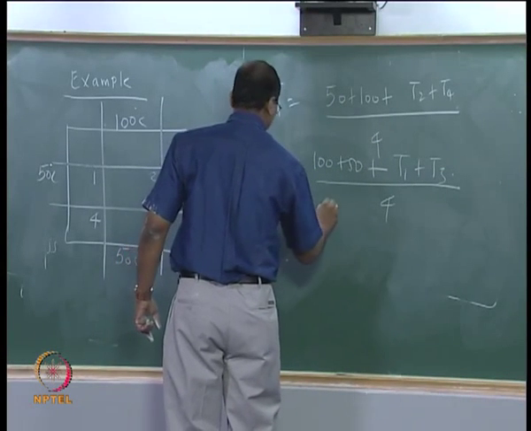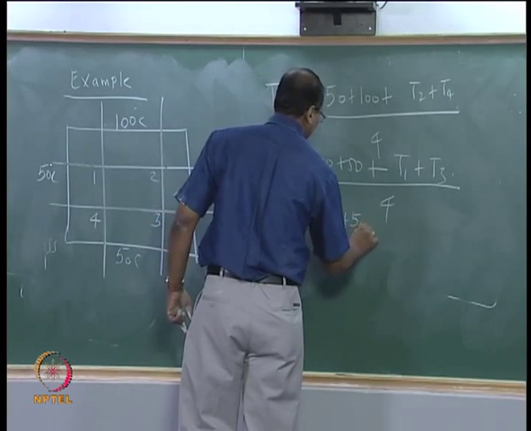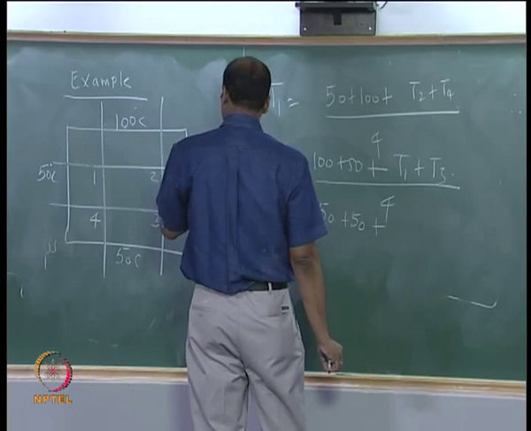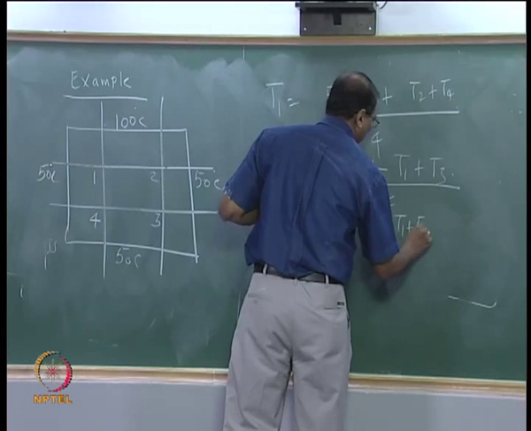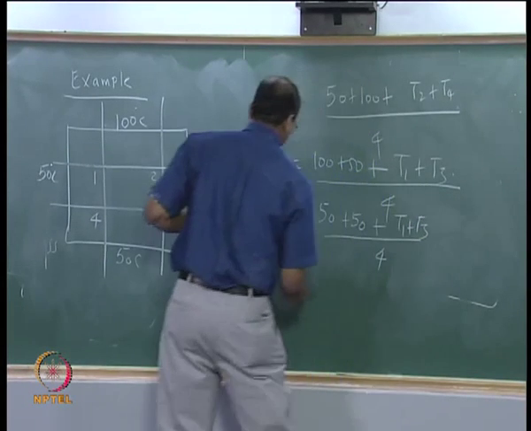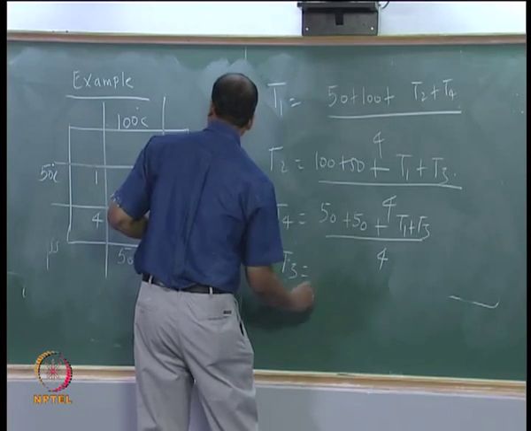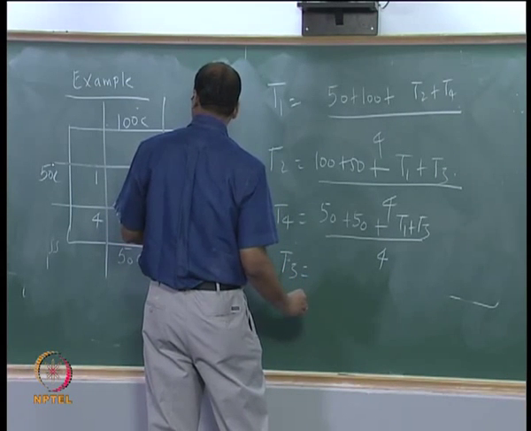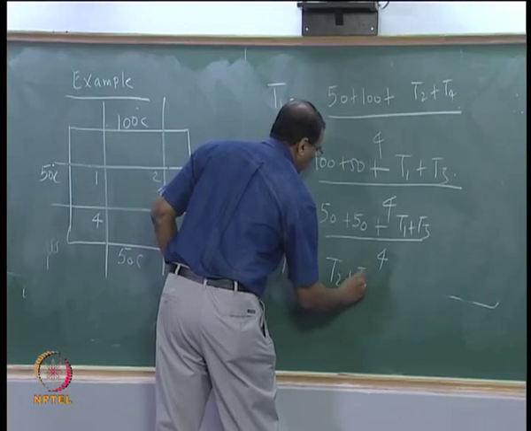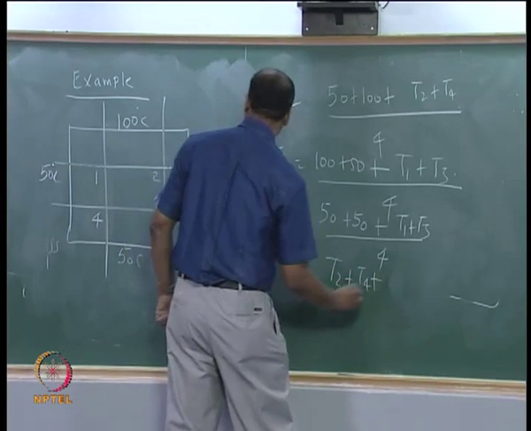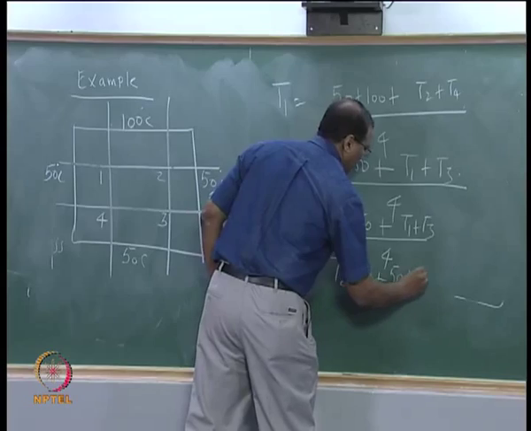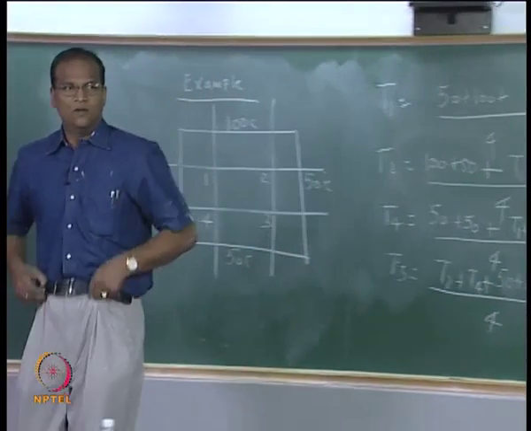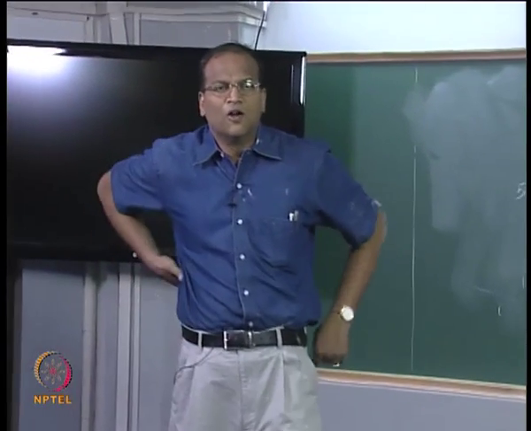T4 equals 50 plus 50 plus T1 plus T3 by 4. T3 equals T2 plus T4 plus 50 by 4. How do you start the operations?